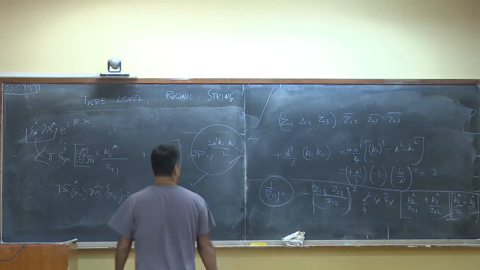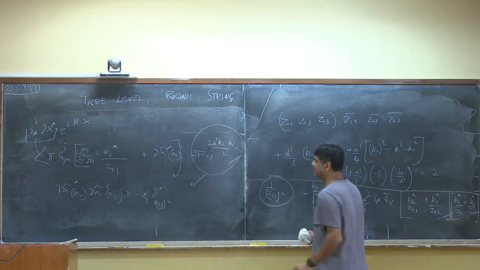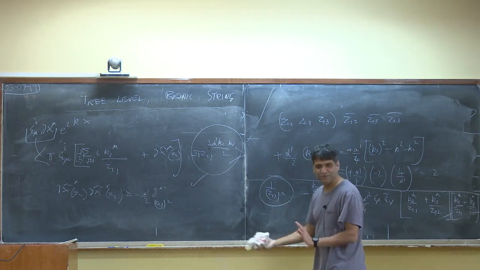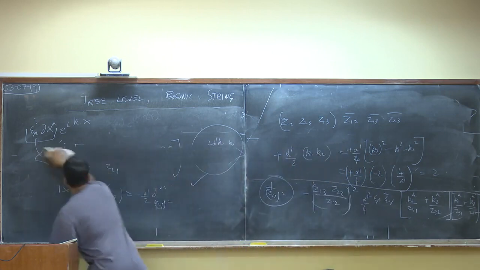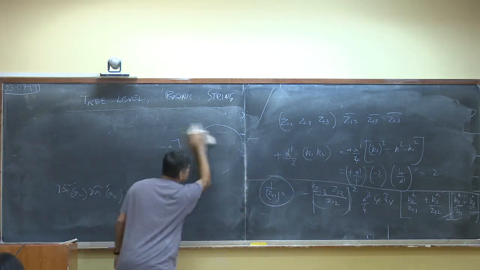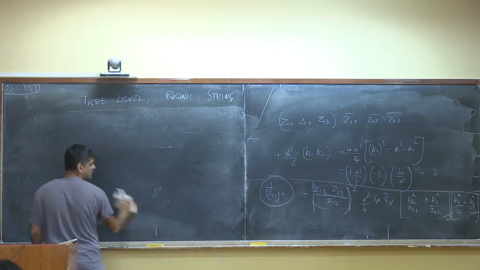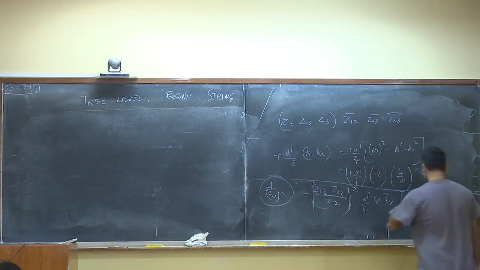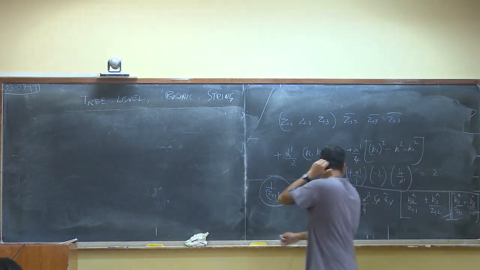Now let's take each of these. Somebody has this written down, right? So I can ask you for it. I'm rubbing it out. Now let's simplify each of these. So what do we get here?